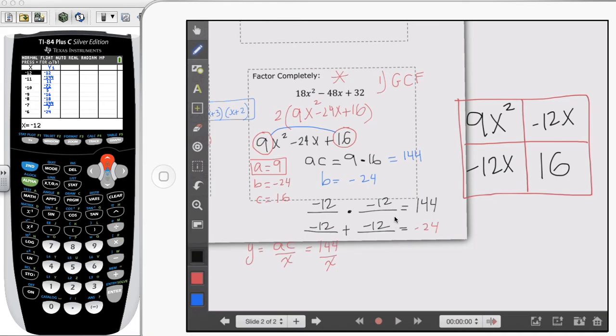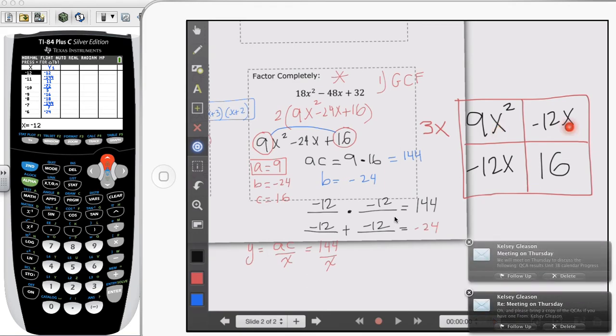Now, where do I go from here? Now, what you need to do is you need to look at those two numbers and try to find a GCF like we did before. So 9x squared and negative 12x, what's in common? As you can see, 3 goes into both of them, so that's going to be my first term that I'm going to take on the outside. I can see that there's an x also in common. So see, there's an x squared and x, so x is in common.